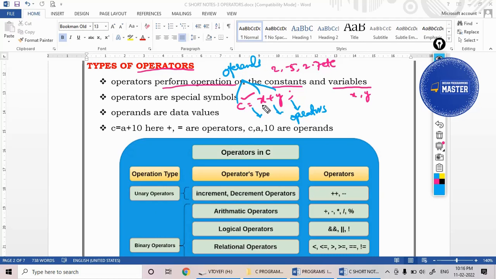They may be constants or variables. Another example is c equal to a plus b. Here the plus and equal are operators, whereas c, a and 10 are operands.